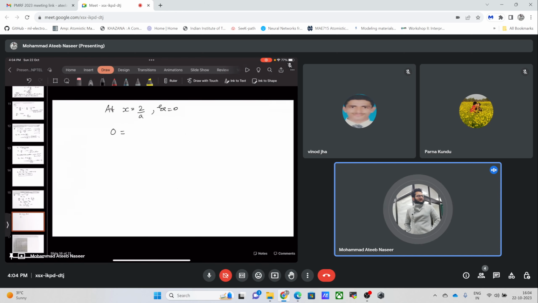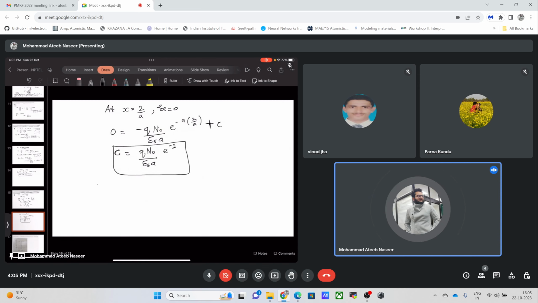Okay, so this will simply be minus q times n naught by epsilon s a e to the power of minus a by 2 by a plus c. Or simply c is equal to q times n naught by epsilon s a e to the power of minus 2.